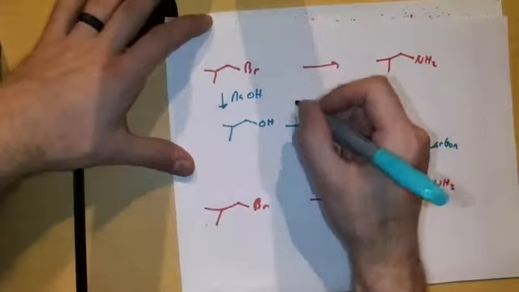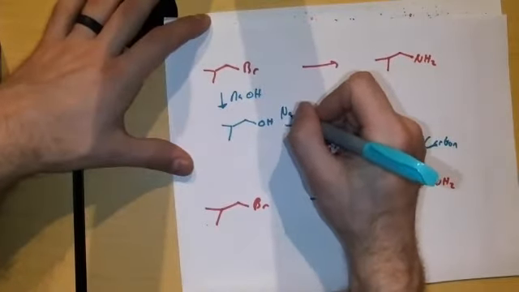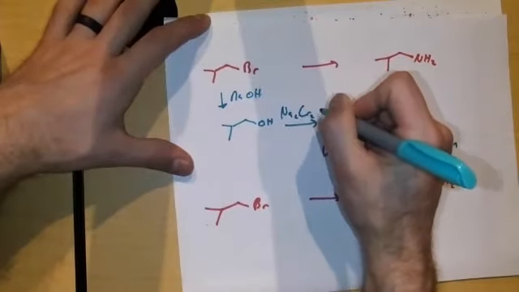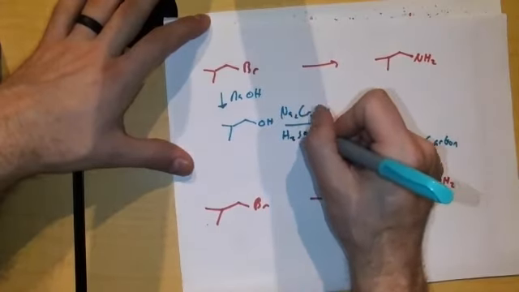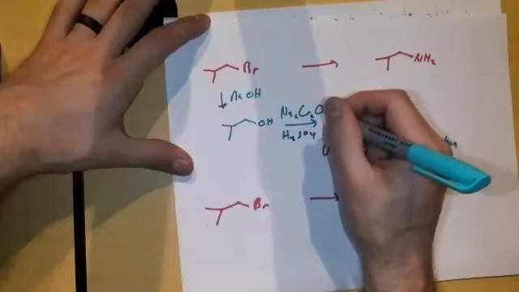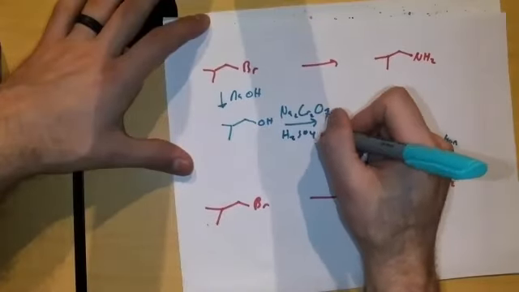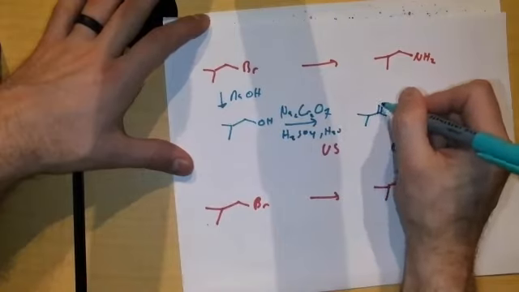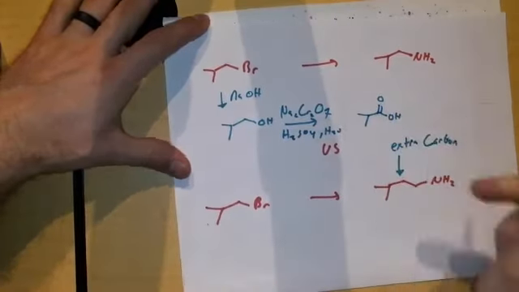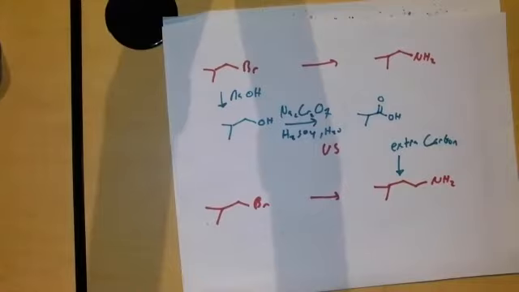If I oxidize it with Na2Cr2O7, H2SO4, we can get a carboxylic acid.